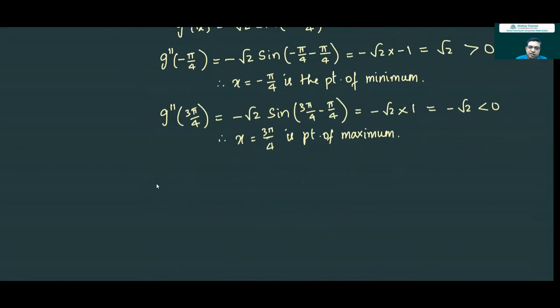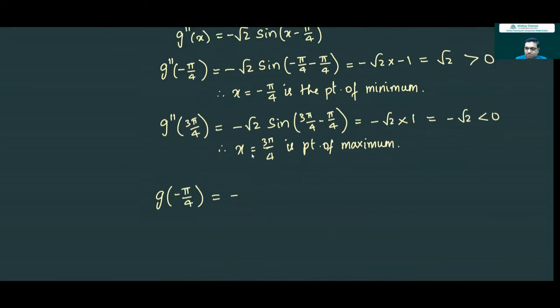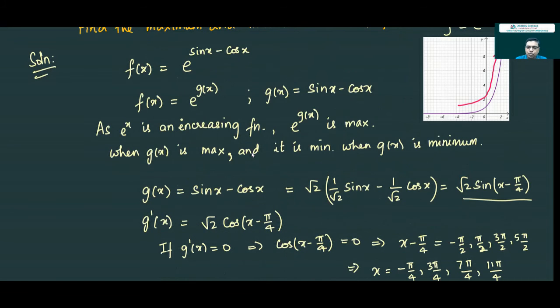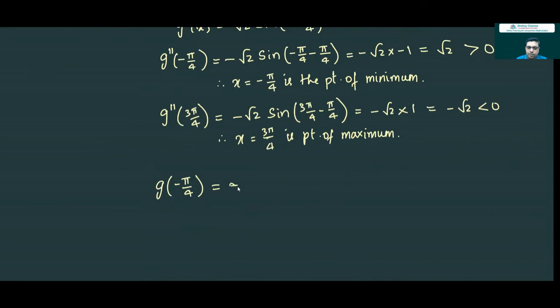So if you find g of minus pi by 4, it is root 2 into sine of x minus pi by 4, that is minus pi by 4 minus pi by 4.